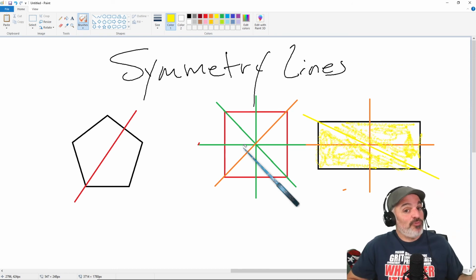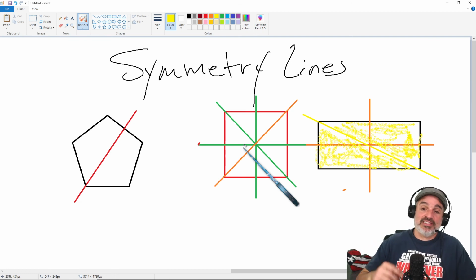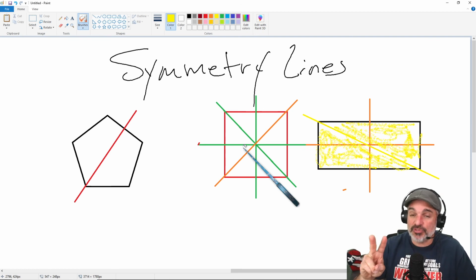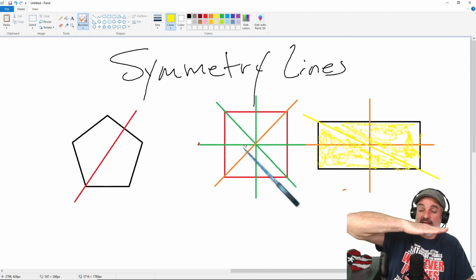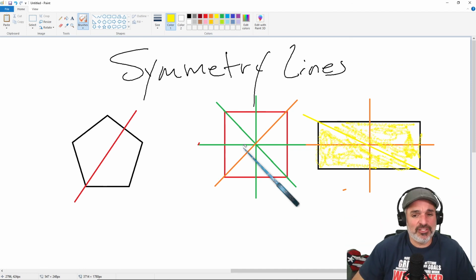A square has 4 symmetry lines, whereas a rectangle only has 2 symmetry lines, a vertical symmetry line and a horizontal symmetry line. And tomorrow we're going to practice more symmetry because I want you guys to get the symmetry of shapes really well.